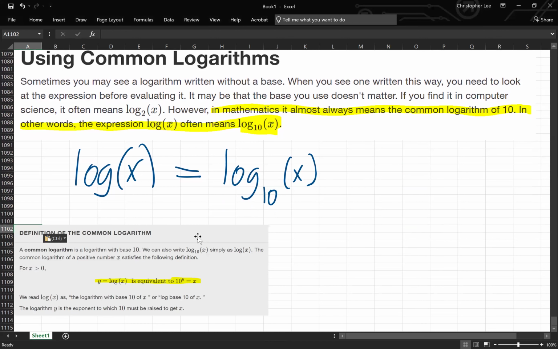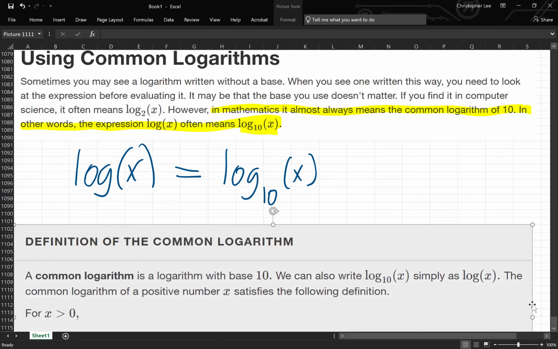Let's talk about that common logarithm again, real quick. A common logarithm is a logarithm with base 10. We can also write log base 10 of x simply as log x, right? In your calculator, when you click log x, it's base 10, right? The common logarithm of a positive number x satisfies the following definition.